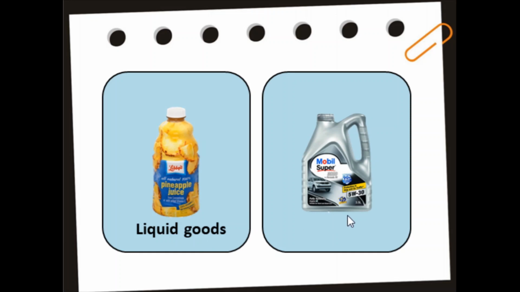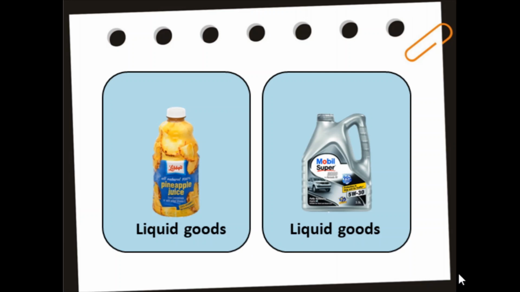Now, how about this automotive lubricant or oil for cars? Is it a dry good? No, it's not. It's a liquid good. Very well done. Pineapple juice and an automotive lubricant are examples of liquid goods.